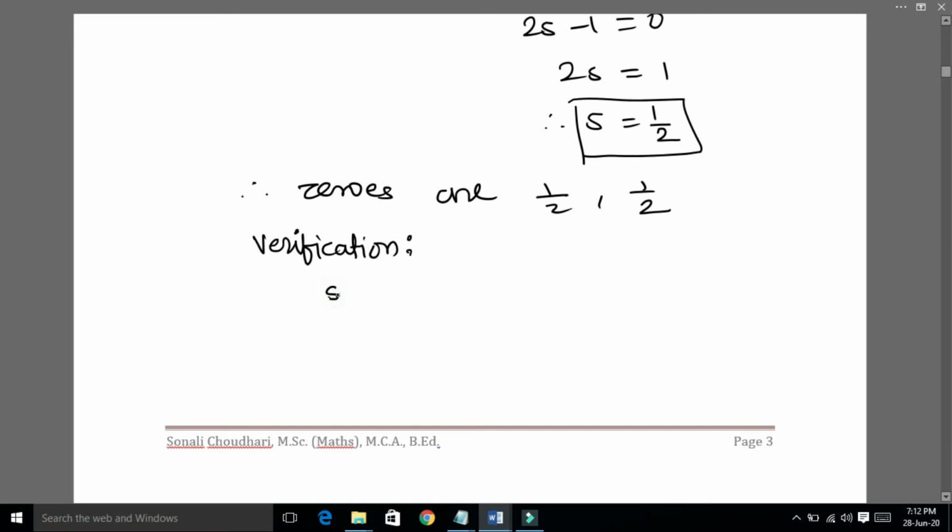So the sum of zeros is equal to the actual sum, 1 by 2 plus 1 by 2. So that is equal to, they have the same denominator here, so 2, and the addition of numerators, 1 plus 1 is 2, so 2 by 2 is 1. Now we check whether it verifies the relationship or not.